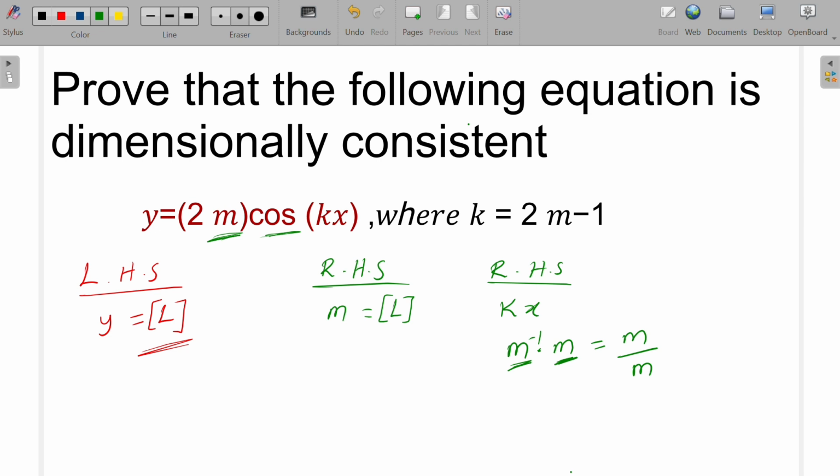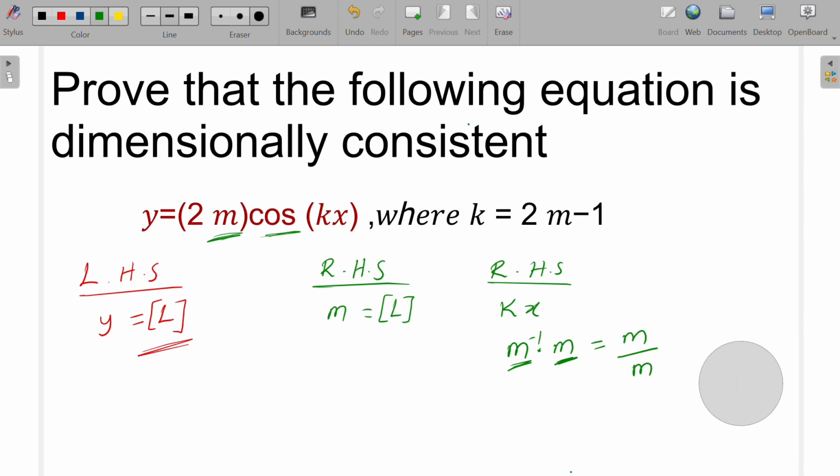Or rather, to make you understand, 1 over x is the same as x to minus 1. So if we have x minus 1 multiplying by x, this is the same as x divided by x. Because this other x is the same as saying x multiplied by 1 over x. So x multiplied by 1 over x will give us x divided by x. So it's the same situation we have on the other side.